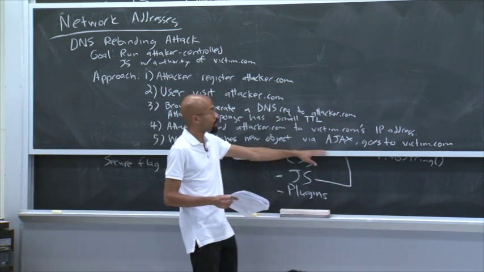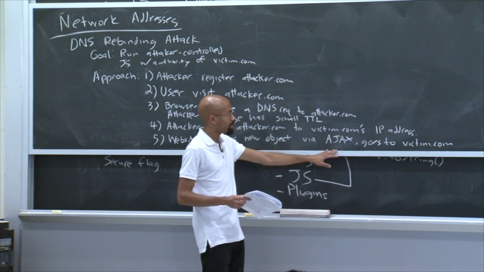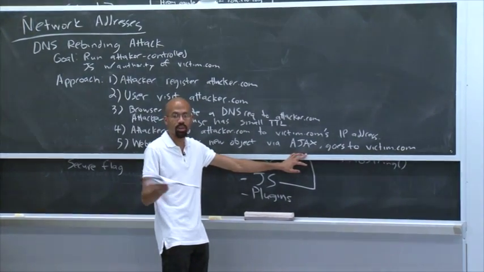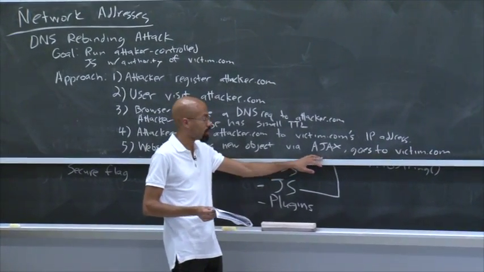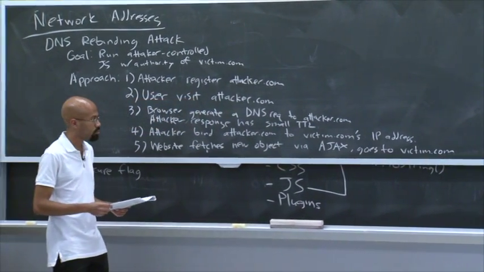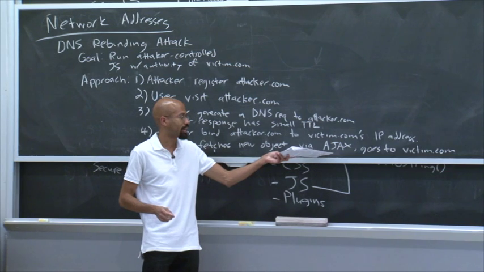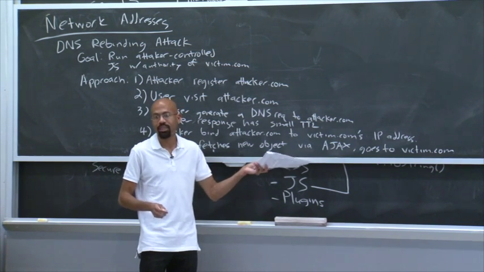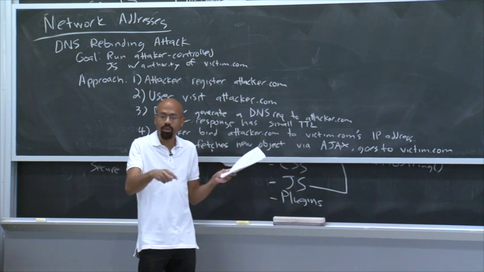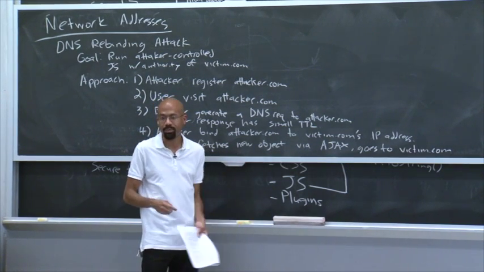So what's nice about this though is that presumably this allows you to do nice things like port scanning and stuff like that. I mean, your approach will work, right? But I think here the reason why you do this is because essentially you can do things like constantly rebind what attacker.com points to, different machine names and different ports inside of victim.com's network, right?